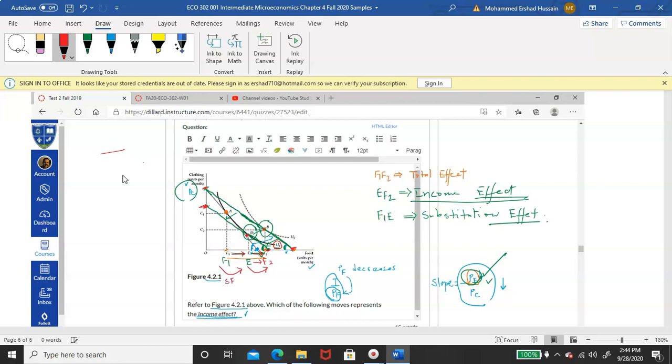We can write SE and IE. They are both positive. Why? Because when income increases, people consume more food, from E to F2, so a positive income effect. Also, when the price of food goes down, people consume more food, so consumption of food increases from F1 to E. So again, a positive substitution effect.